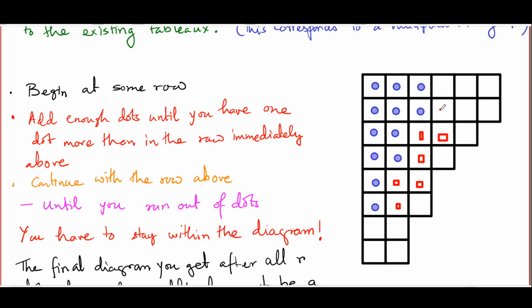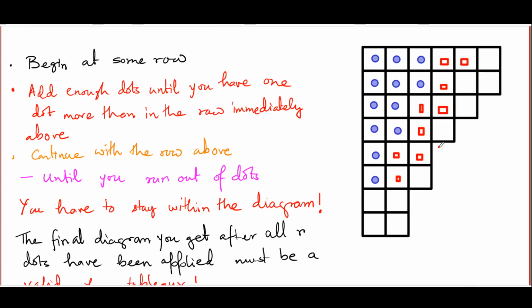And then I have to add, say, 1 more dot here, then add enough dots until I run out of the number of dots I needed to add. So in this case, for example, suppose I had to add 8 dots. That is, I was considering a multiplication by S8. This is exactly how I would go about doing it.